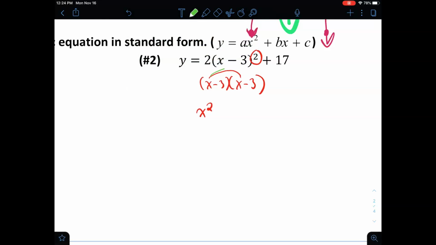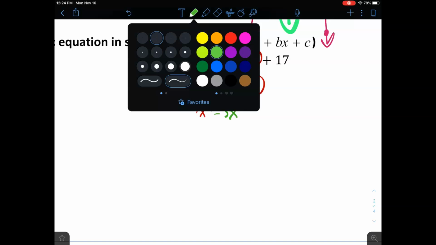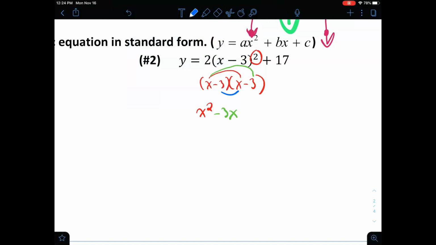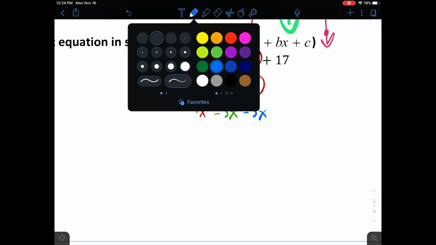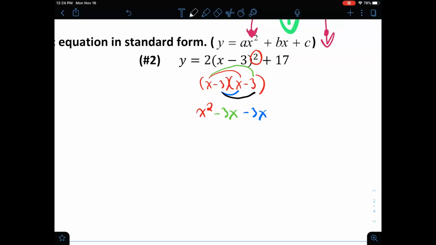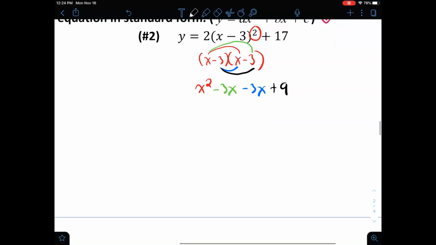Then we have x times negative 3, outsides, which is negative 3x. Then we have insides, which is negative 3 times x, which is negative 3x. And then we have negative 3 times negative 3, which is positive 9, which is the last. Combine like terms. Negative 3x minus 3x gives us x squared minus 6x plus 9.